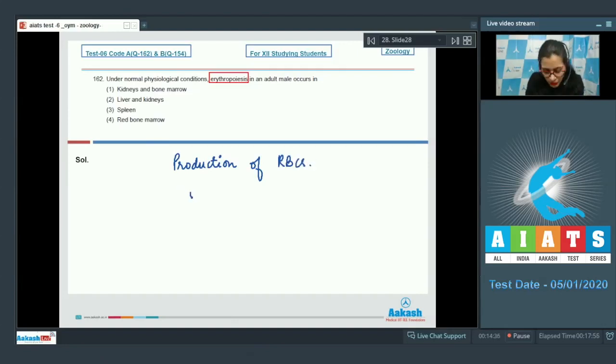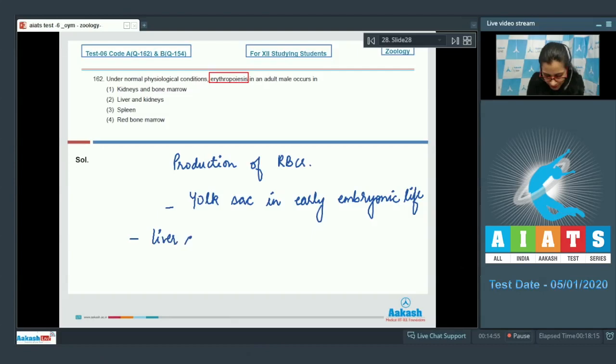Erythropoiesis occurs by yolk sac in early embryonic life and by liver and spleen in late embryonic life.